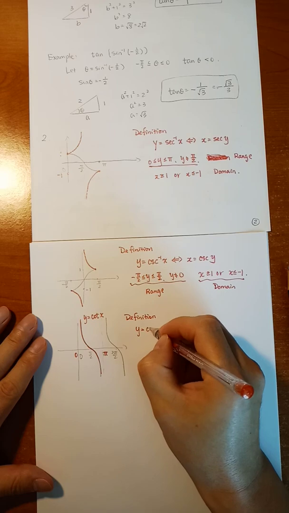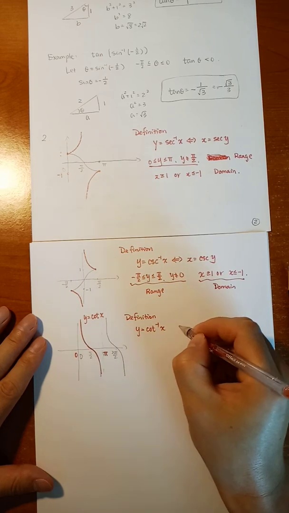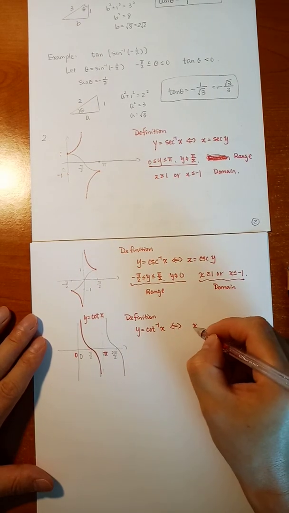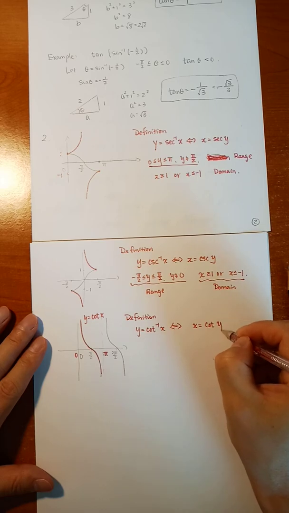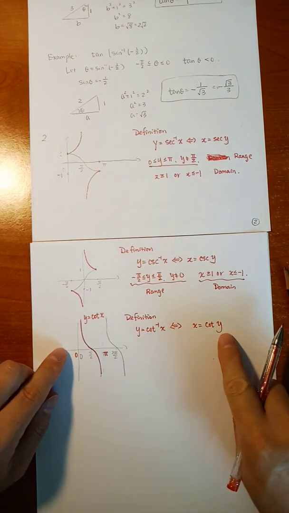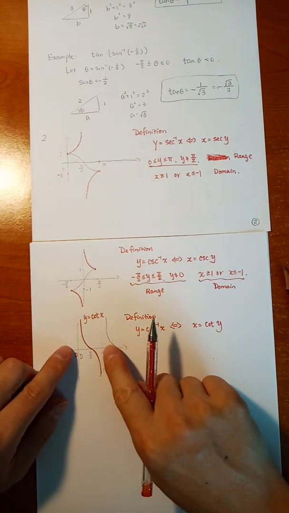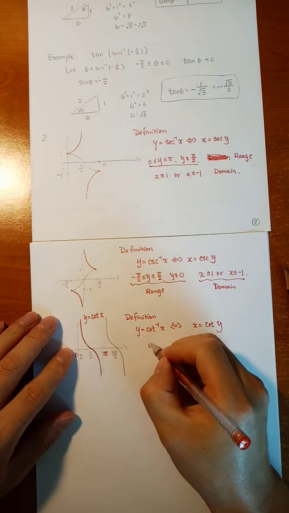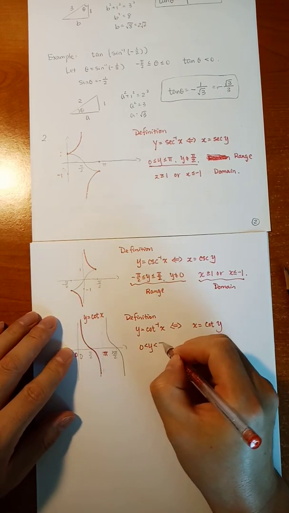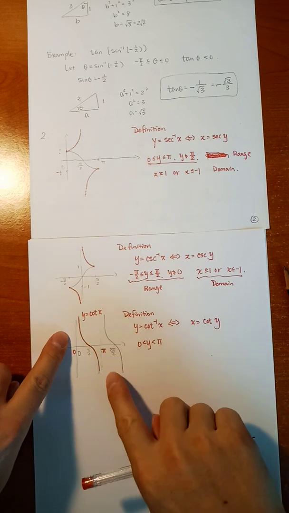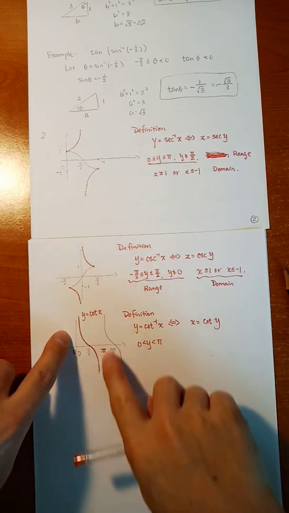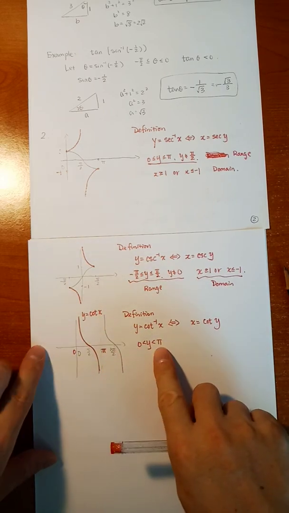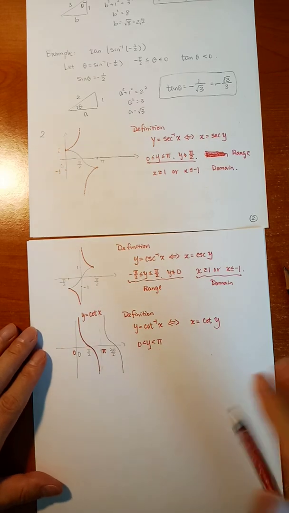So y is cotangent inverse of x if and only if x is cotangent of y. Cotangent of y is between 0 and pi. This time, x equals 0 and x equals pi are both vertical asymptotes, so you cannot reach 0 or pi.